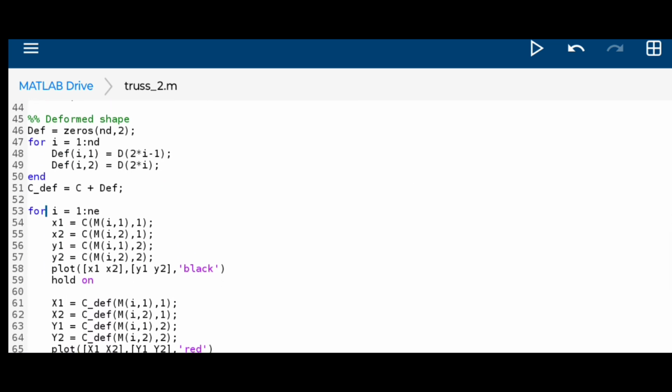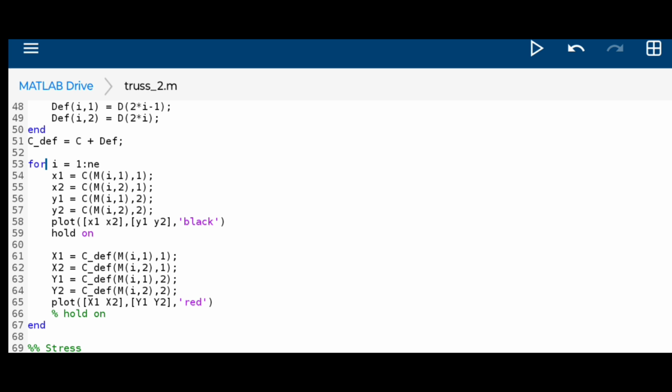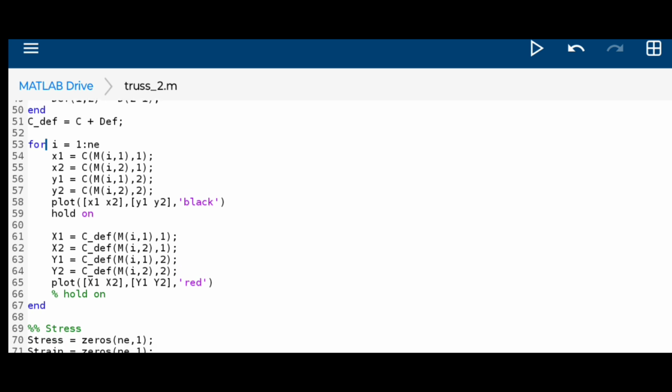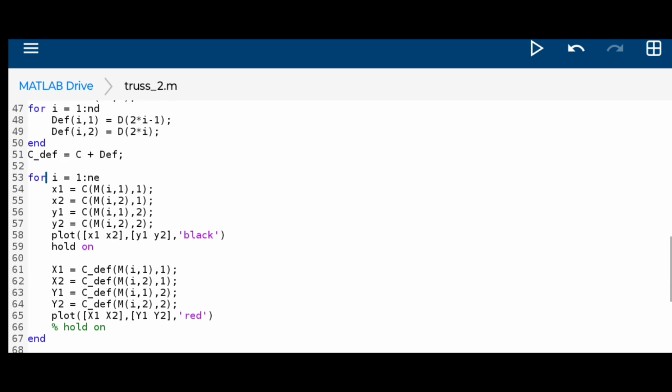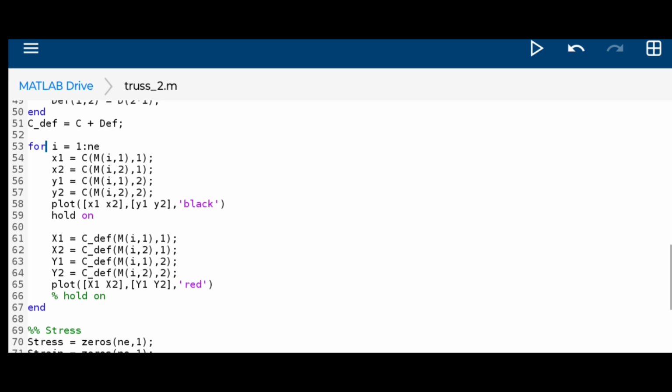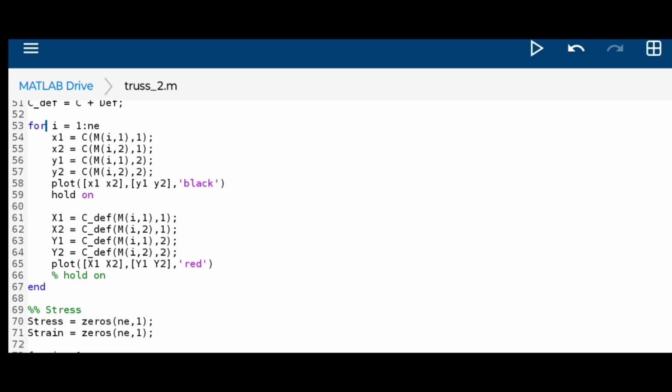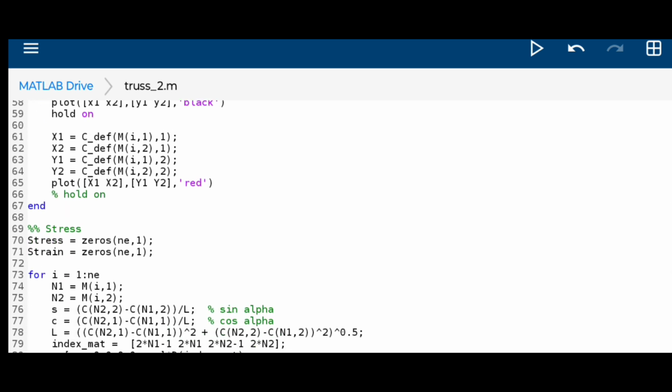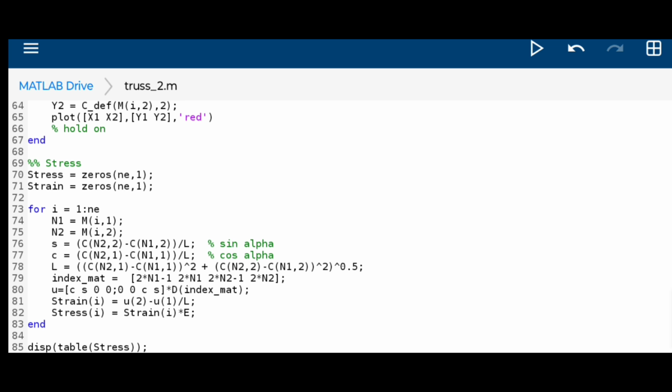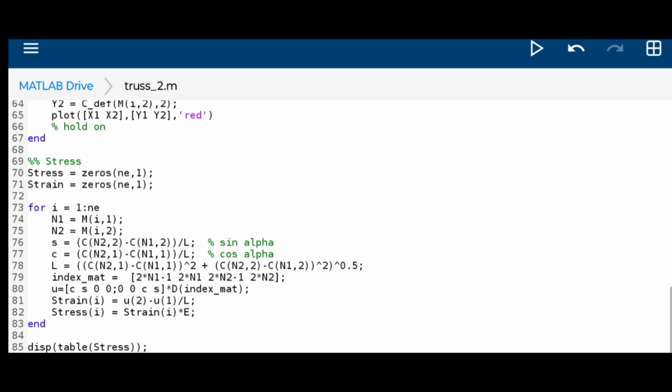So for the first member we will get x1, and then we will get the second node connected, and similarly y1 y2. Then we will plot this, which will give us the undeformed coordinates. For the deformed coordinates, we have already defined them, and we will plot them similarly. Now, stress and strain are vectors.